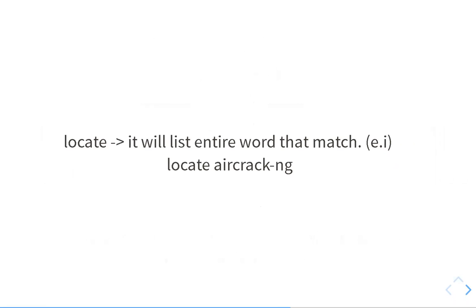Locate finds in the entire OS a specific word, for example arcacng, and it will give you overwhelming information about anything that matches. So it's useful for scanning stuff, but it's just too overwhelming.